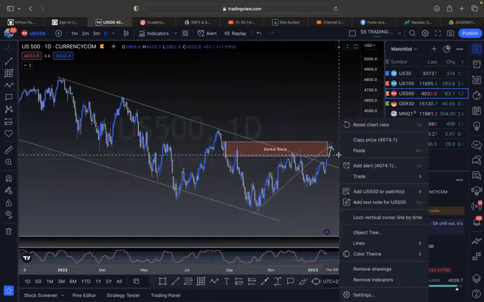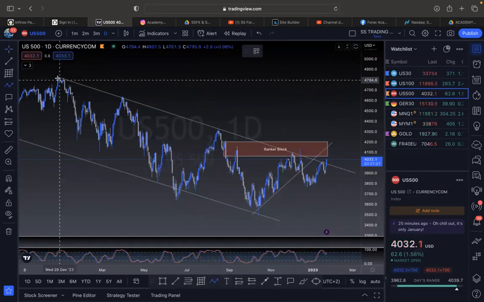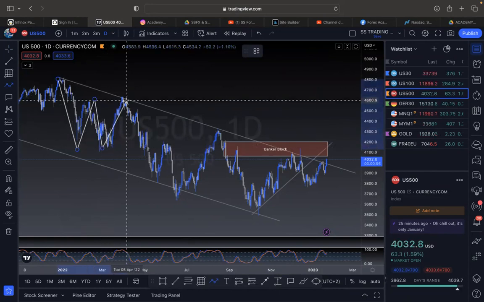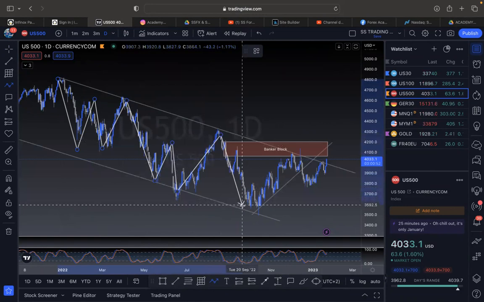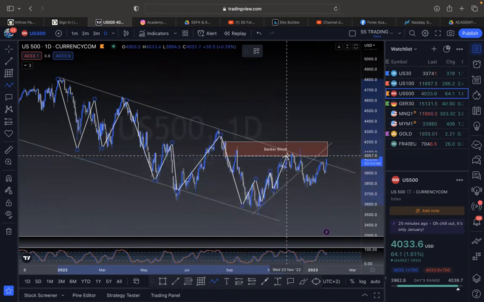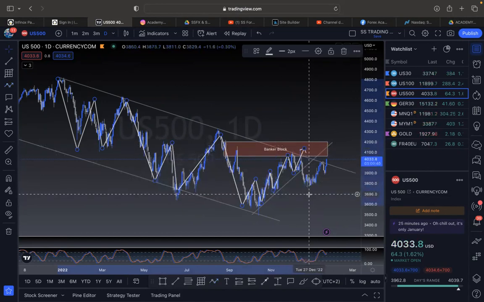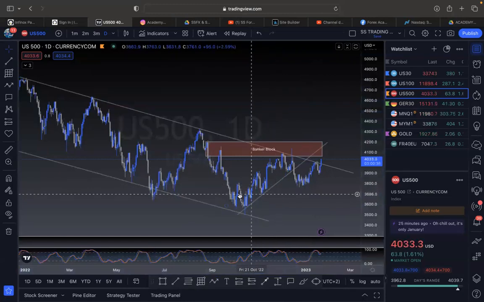So when I say counter trend, I mean the fact that this was the original trend, which was bearish, and then you had the counter trend, which was this trend here. Okay, so the counter trend then broke, but when it broke, we still held a previous low.